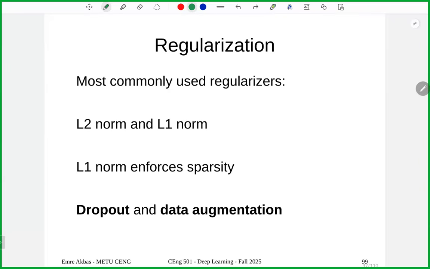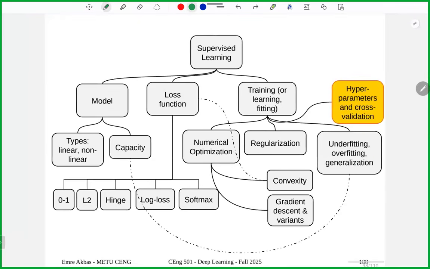Data augmentation is another regularization. For image classification, you add noise, you flip the image, you rotate it slightly, you translate it. These are things that regularize the model and you get better generalization accuracy.